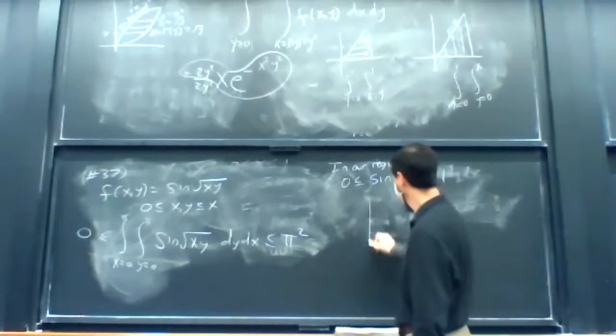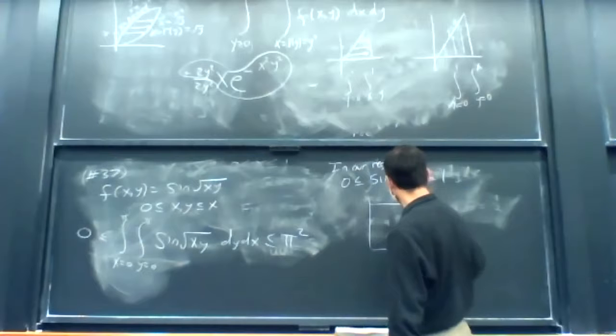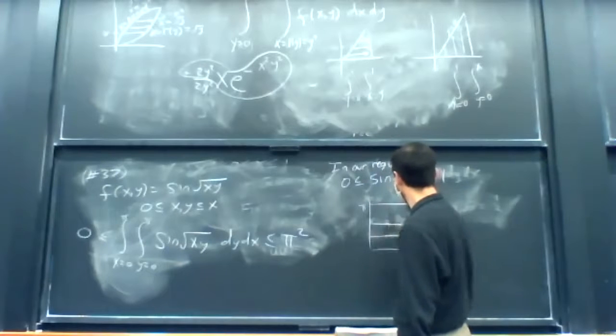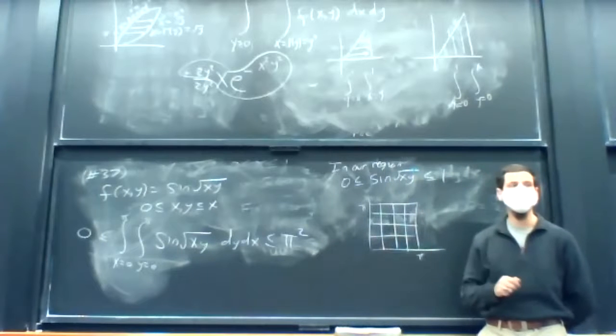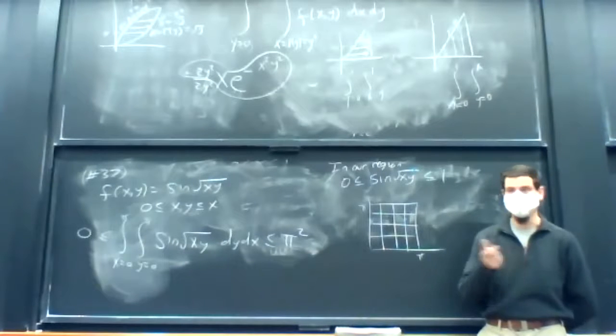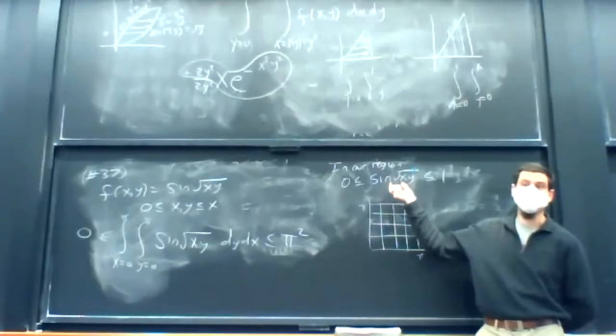So if you look at our region, here's pi. Let's break this up into boxes. On each box, what's the lower bound for our function? 0, because we know sine is going to be at least 0.